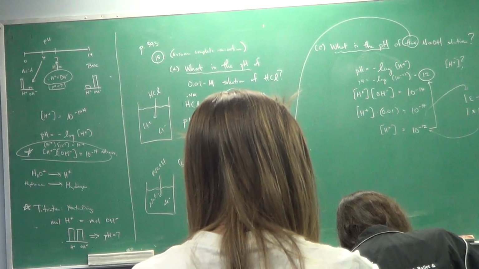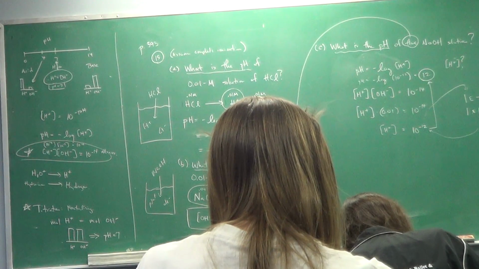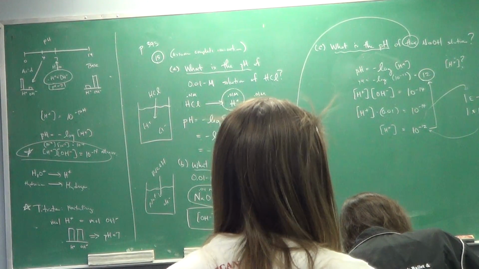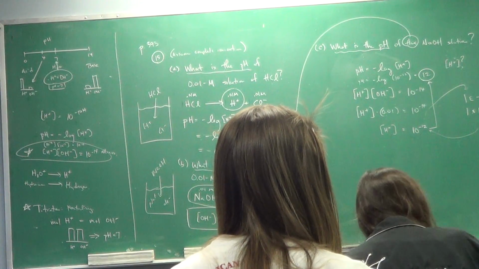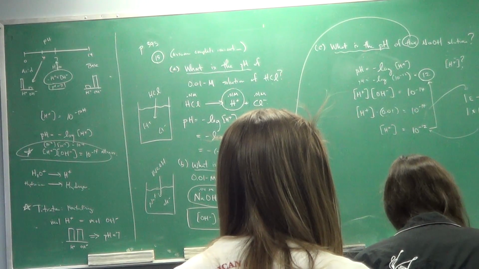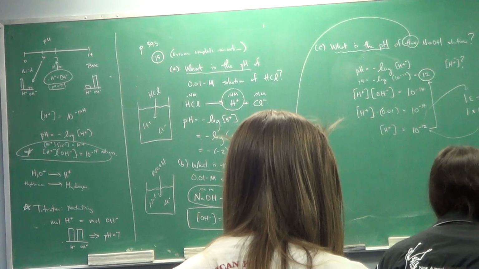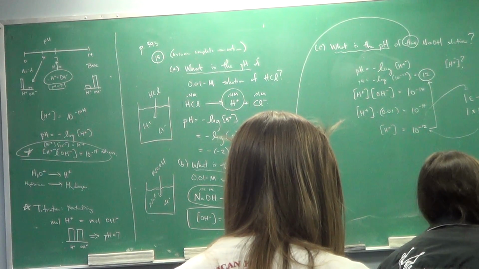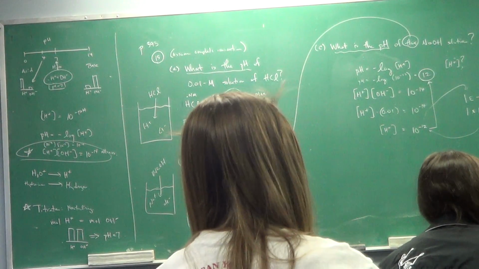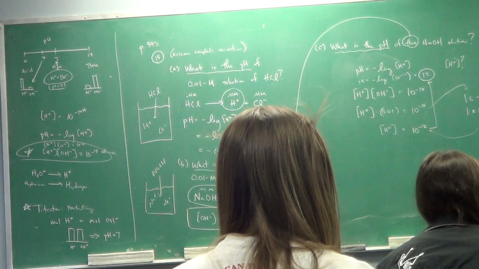Question A, what is the hydroxide ion concentration? It says hydronium ion. Oh, excuse me. Let me pause for a second. It says, what is the hydronium concentration? Which we know is the hydrogen ion concentration.